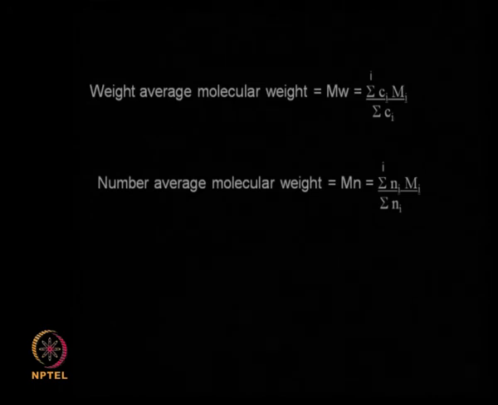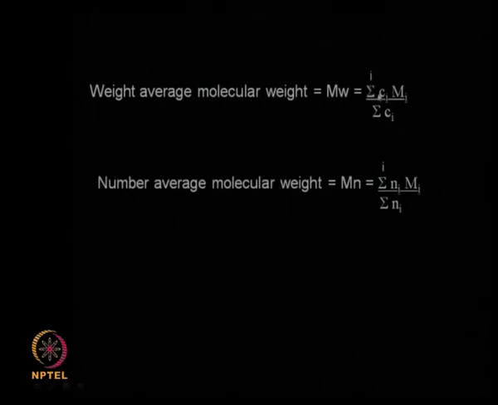Now in GPC we have to consider the weight average molecular weight and the number average molecular weight, because if you have multiple components with different molecular weights at different concentrations, then the weight average molecular weight of the entire mixture is given by this particular relationship.